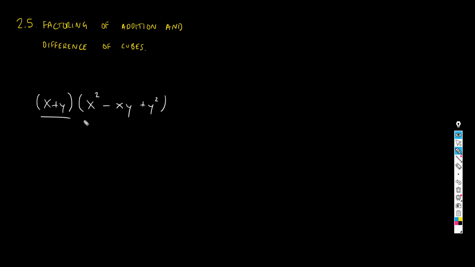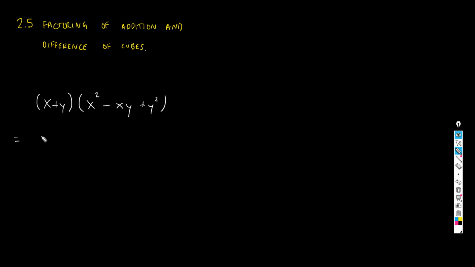This is one factor, this is the other factor. We're multiplying them together. And when the shape of the factors is exactly like this, what you get as a result is the following. Let's do it.